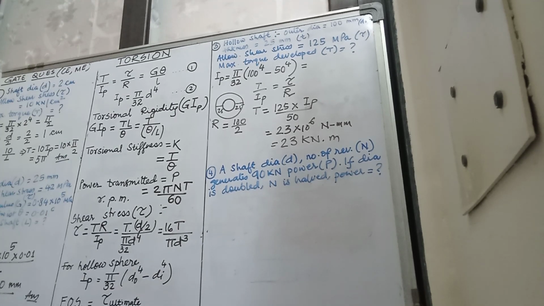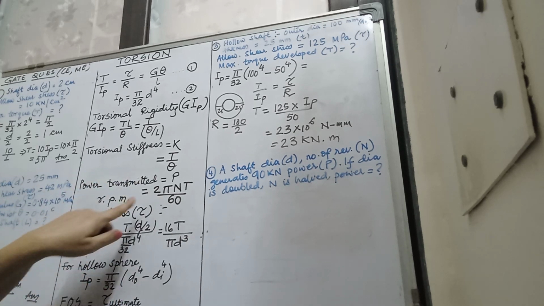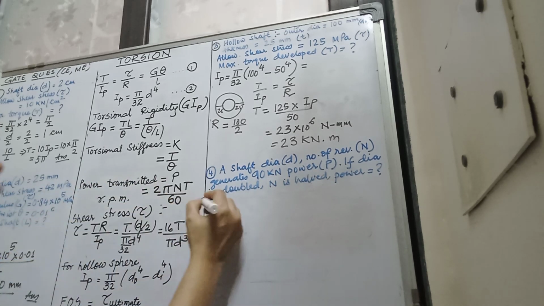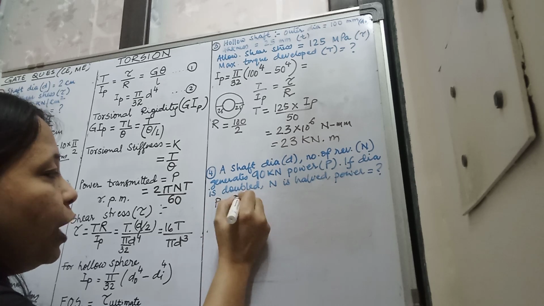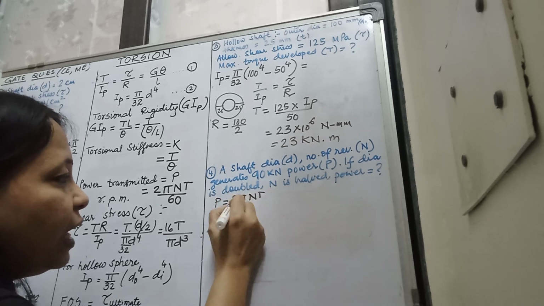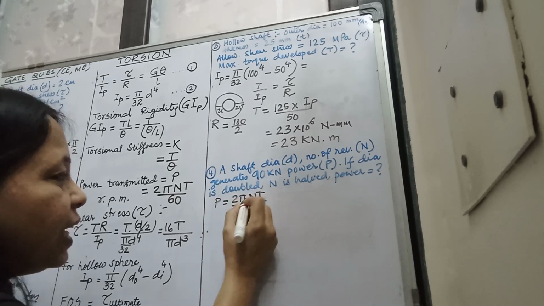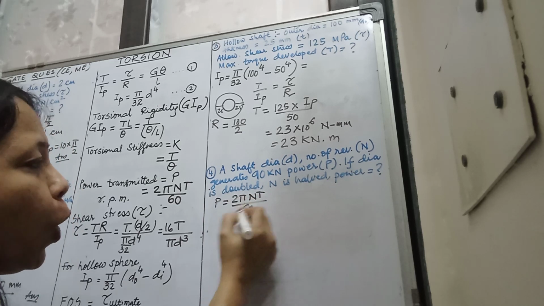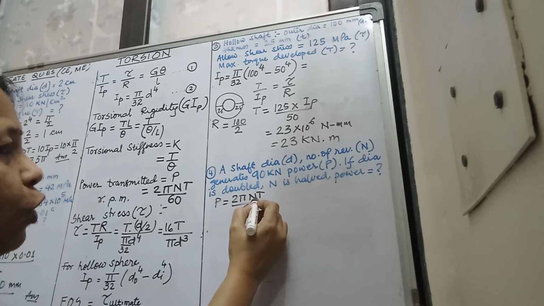What is the formula? P is equal to 2 pi N T by 60. See this formula. Now 2 pi and 60, these are all constant. What is varying over here?